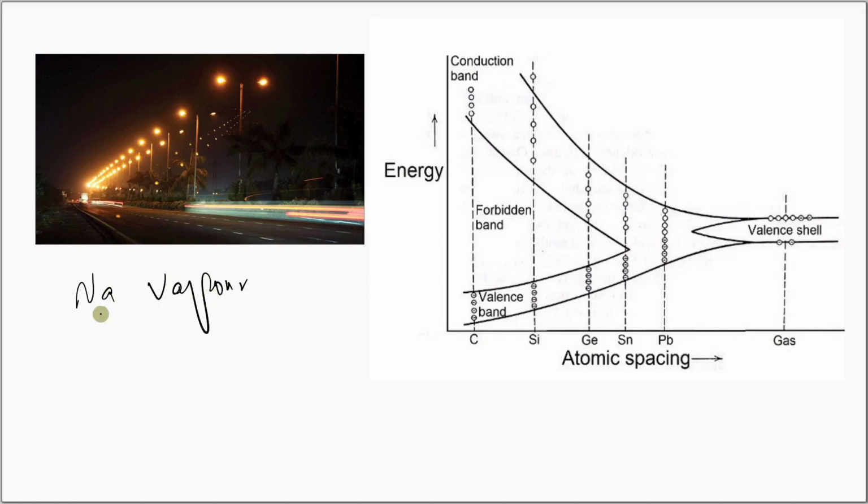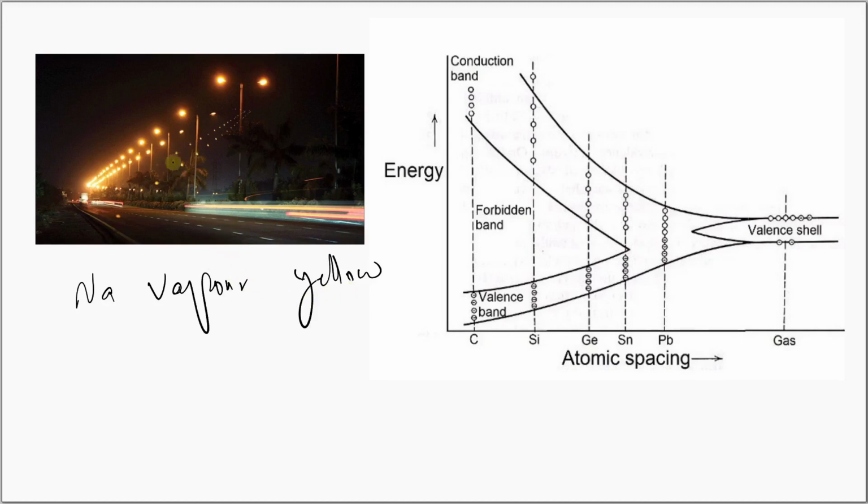Electronic transitions in the sodium vapor are responsible for the emission of light in this color. This means we have discrete energy levels. Between those discrete energy levels, there are transitions that give rise to this yellow color. The yellow color in sodium is the result of a transition from a higher energy level to a lower energy level.